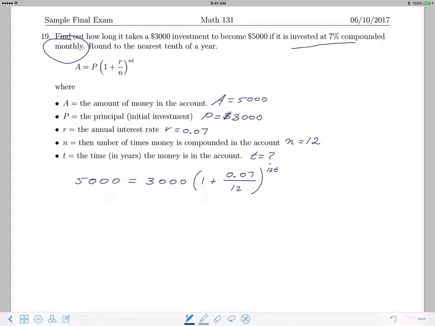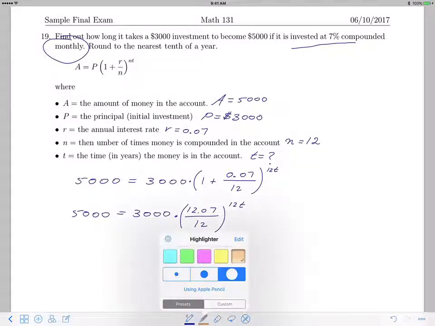This is an exponential equation. And to solve an exponential equation, we want to get the exponential isolated. Let's add the numbers in the parentheses first. 5,000 equals 3,000 times 1.0058 over 12 to the power of 12t.